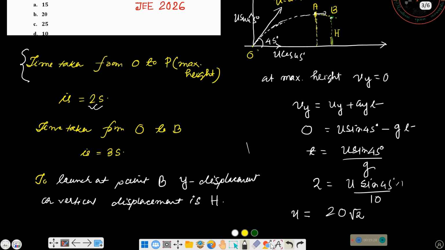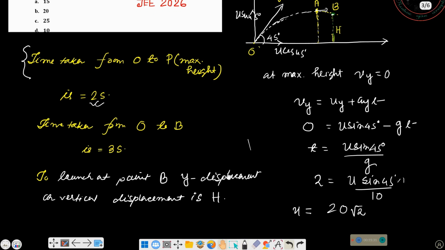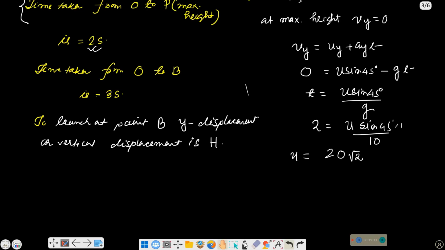So we can use this particular equation: y equal to uy t plus half ay t square. What is uy? Uy is u sin 45 degree, right?